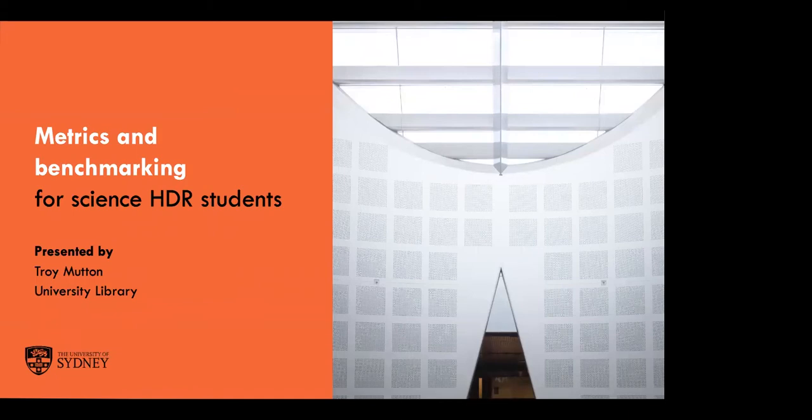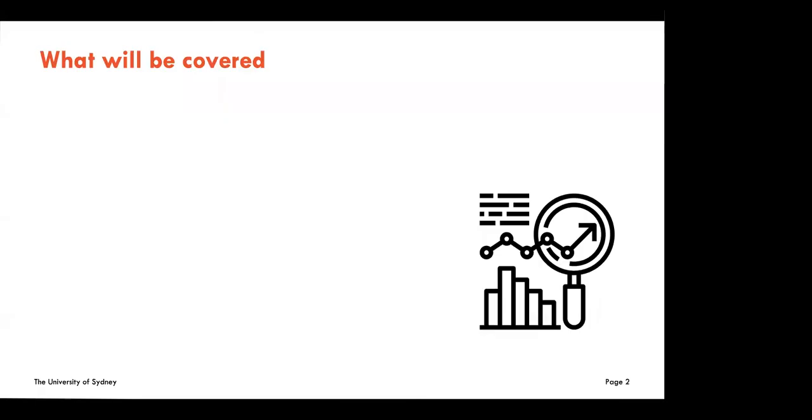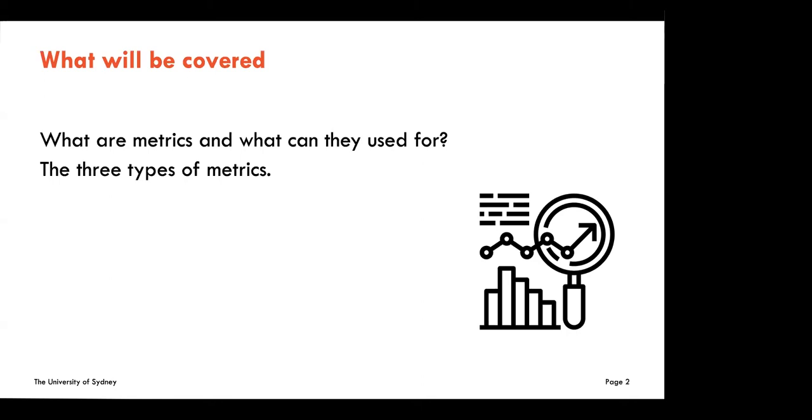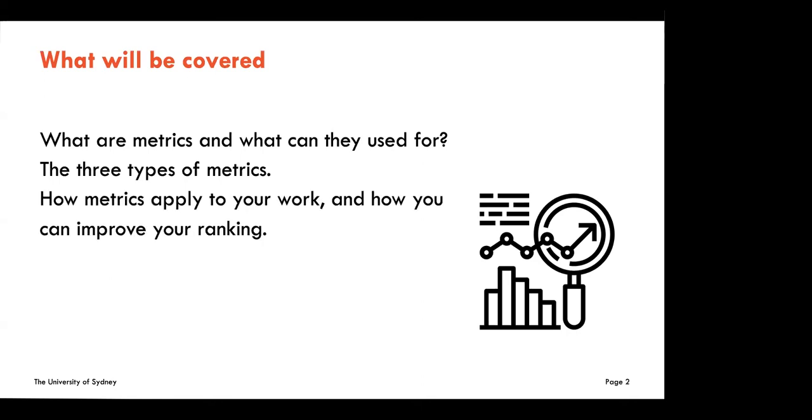Anyway, I'm Troy. This is going to be a strange experience for everyone, or for me anyway. What we're going to be looking at today is metrics and benchmarking for science HDR students. We'll cover what metrics are and what they can be used for, the 3 varieties of metrics, how these apply to your work and how you can improve your ranking and make your numbers look better.